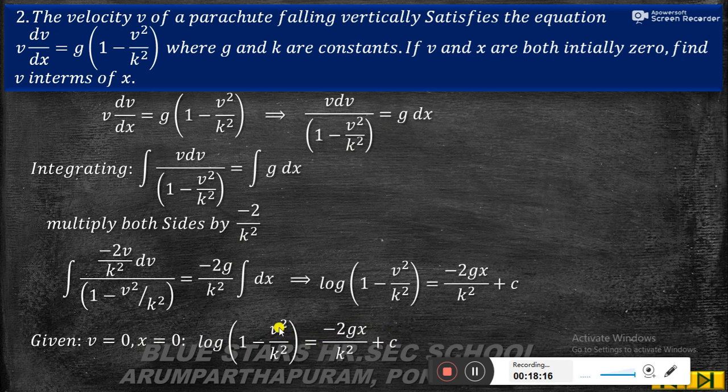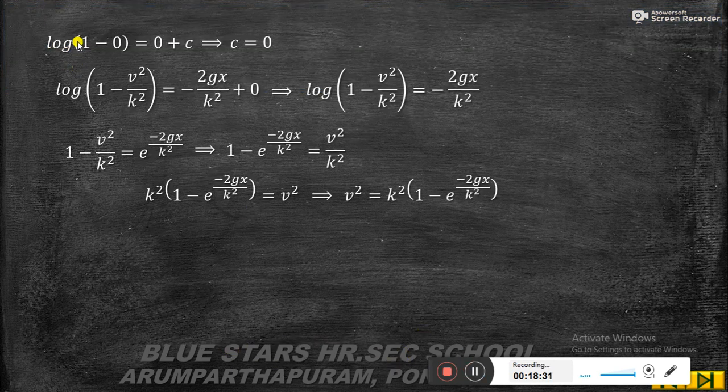So log 1 equals c, and log 1 is 0, so c equals 0. I got log of 1 minus 0 equals 0 plus c, so c equals 0. So I substitute c equal to 0 in the previous equation: log of 1 minus v square by k square equals minus 2gx by k square plus c.